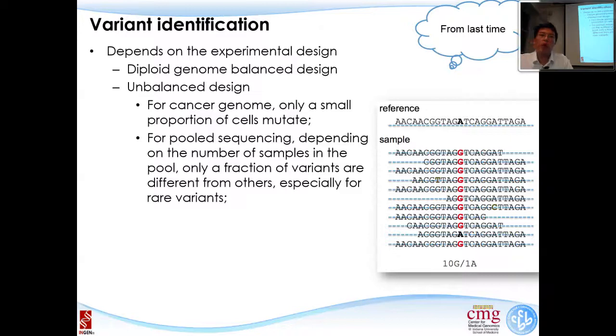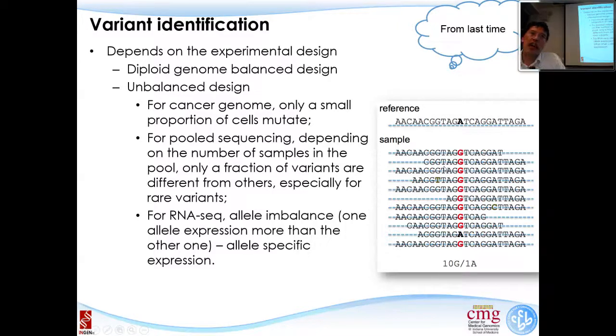If this is pooled sequencing, which means that we put 10 or 20 patients' DNA together, if you observe this, you probably will conclude that most of the individuals carry G variants at this location, but there is one individual, with either one allele or two alleles, that carries A, which is the same as the reference genome.